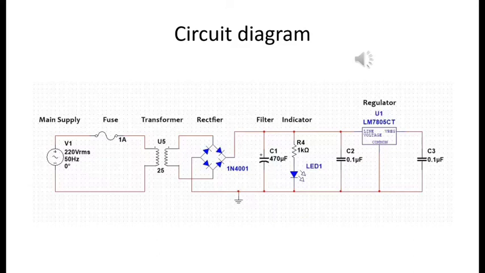That means both the positive half and the negative half are being rectified. And then next comes the filter section, and in the filter section we have designed the filter using the capacitor filter.